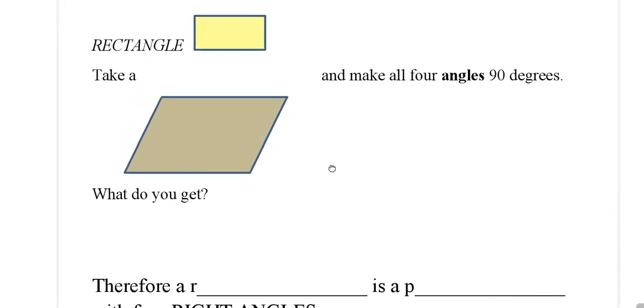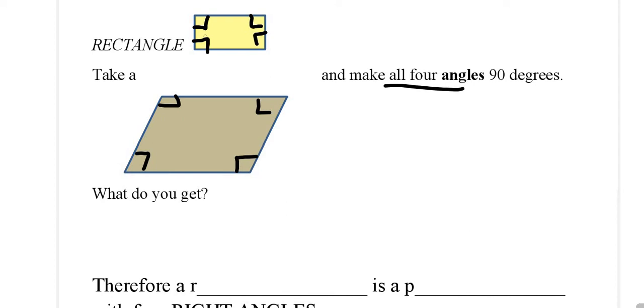So to get a rectangle, you start by taking a parallelogram and you make 4 right angles.